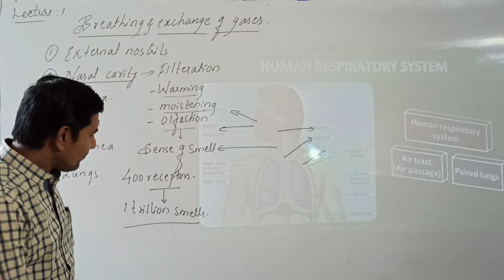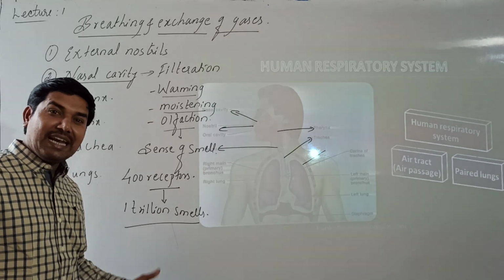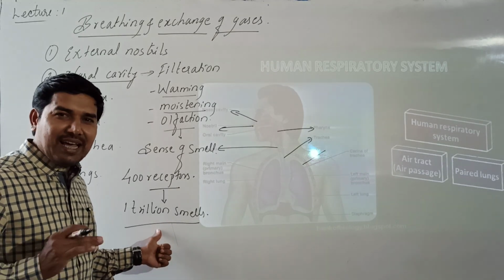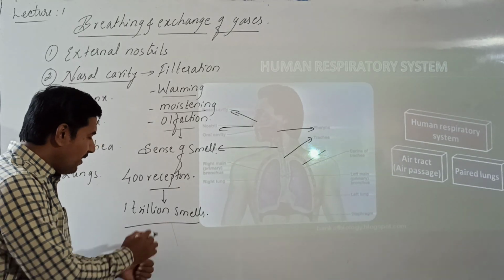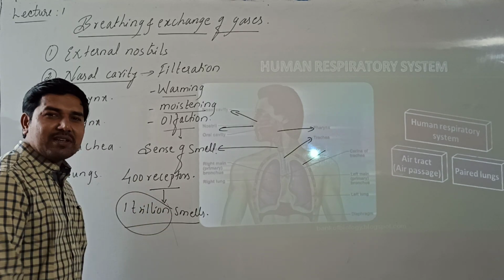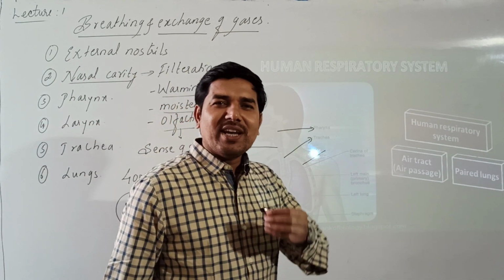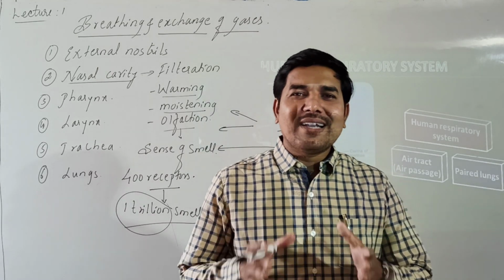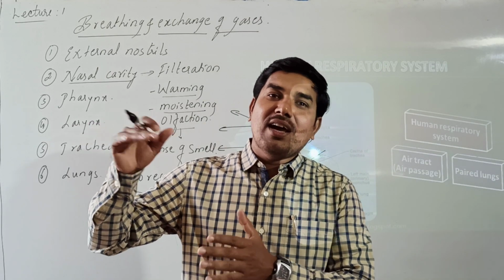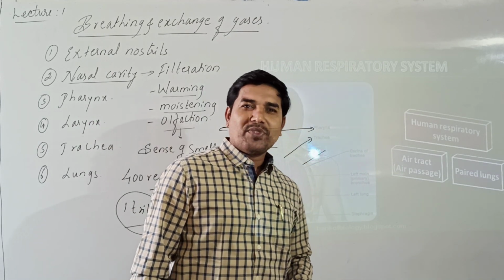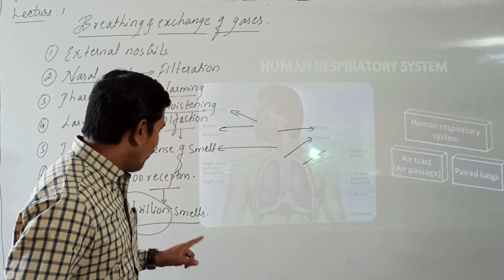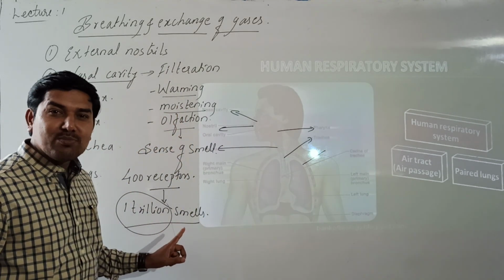That means our nasal cavity can sense around 1 trillion smells. Earlier it was thought that we can only smell around 10,000 various scents or fragrances, but now it is proved that we can sense 1 trillion smells.